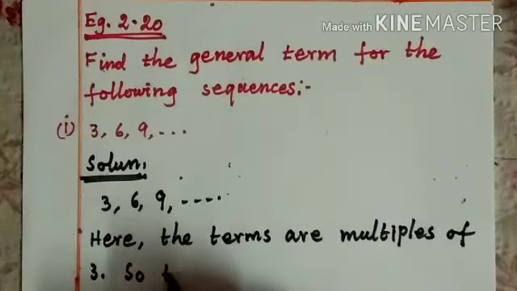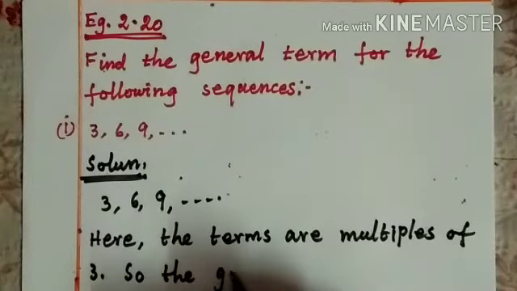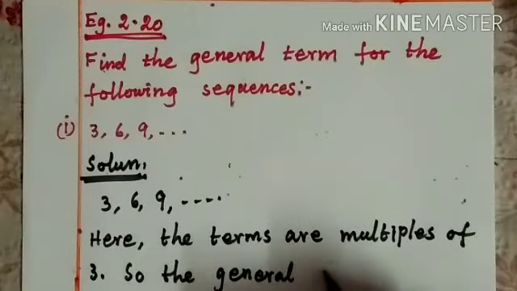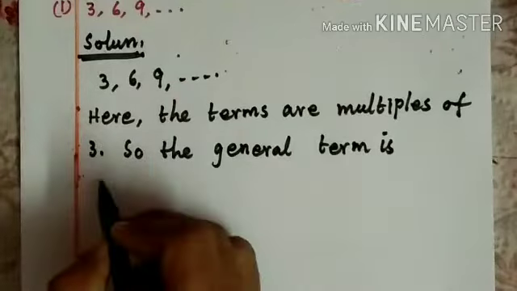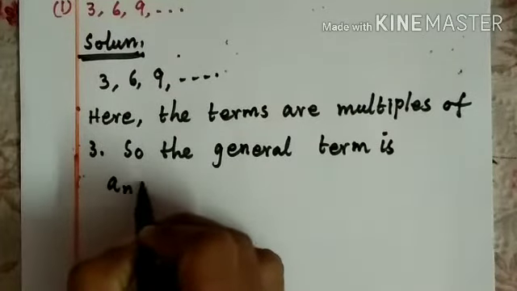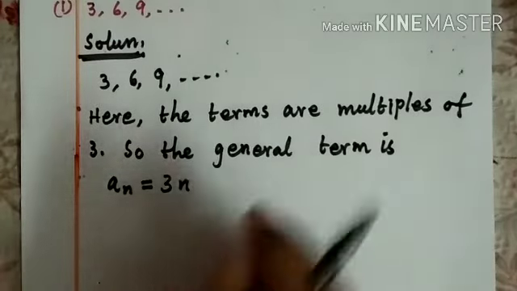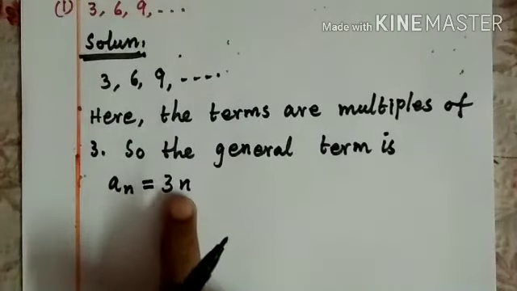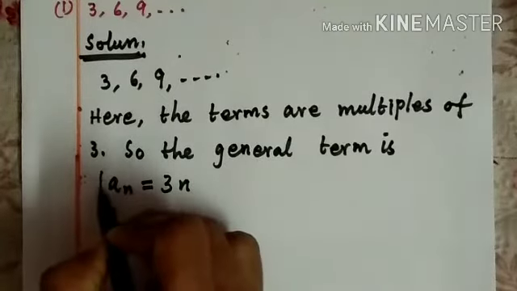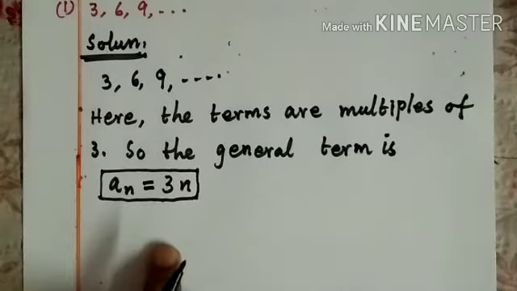So, the general term is a_n or t_n, a_n is equal to 3n, where n always belongs to natural numbers. Therefore, the general term of this sequence is a_n equals 3n.